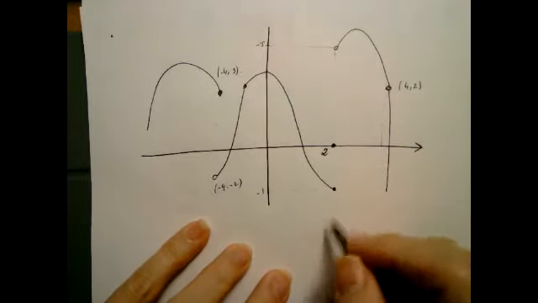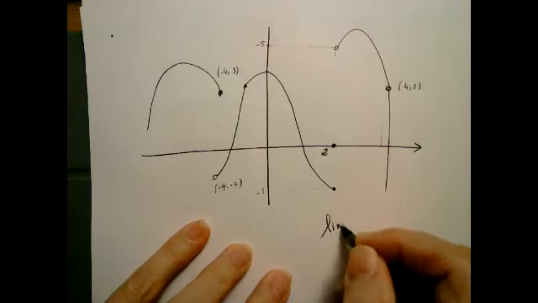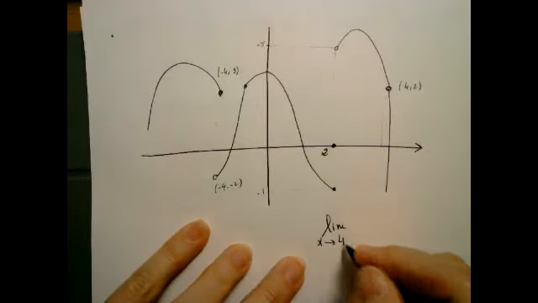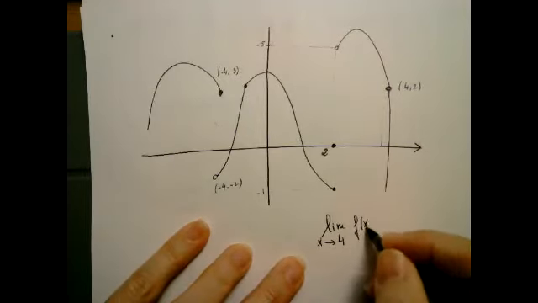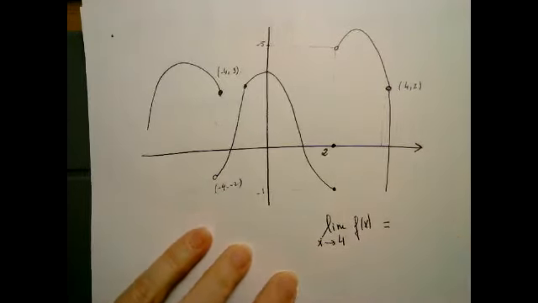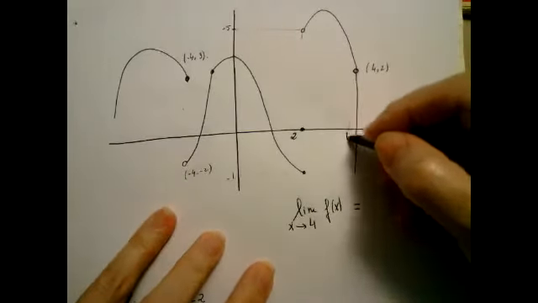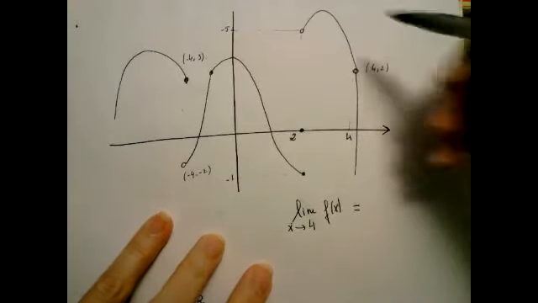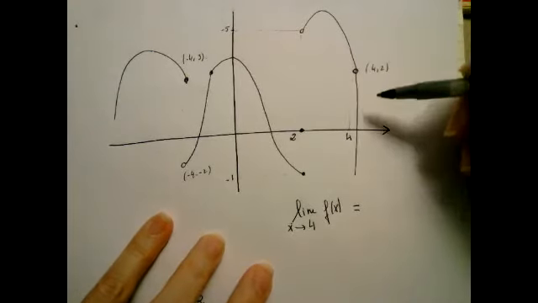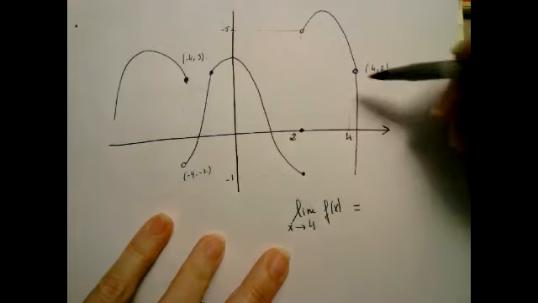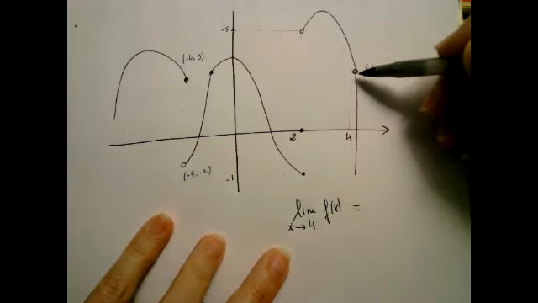First, one of the questions is, what's the limit as x becomes close to 4 of f of x? Some students had difficulties with that. Now this was 4 on the picture, and this is the point. When we look for the limit as x goes to 4, we don't care what happens at the point 4.